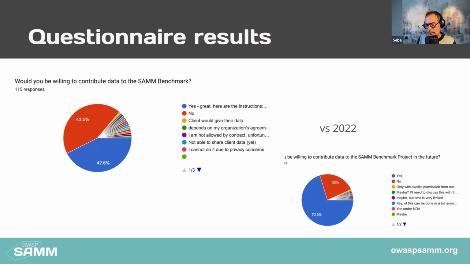So overall, a bit of mixed feedback here. It's still good that quite like 40% want to submit their data sets. If you're one of those respondents and haven't done so, get in touch with us. If you don't want to do that, then talk to us and let's see what your main concerns are.